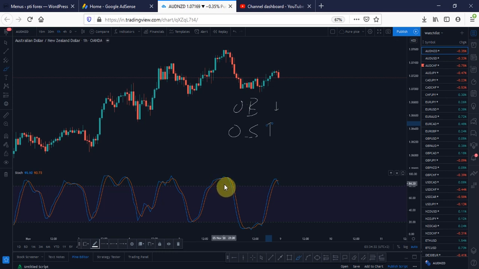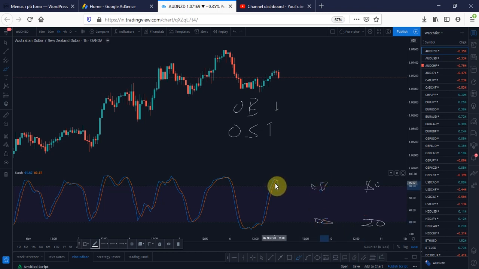When the stochastic is beyond these two dotted lines, one on the 80 level and one on the 20 level, the 20 level marks the oversold and the 80 level marks the overbought.